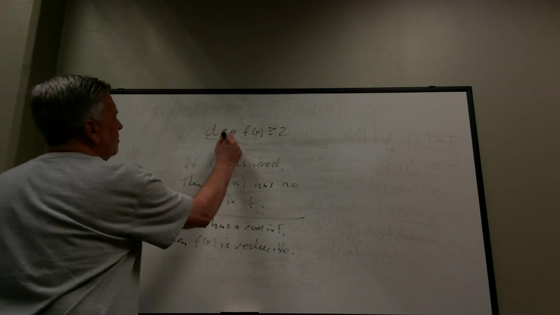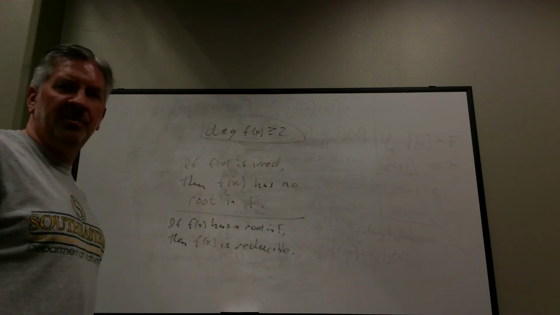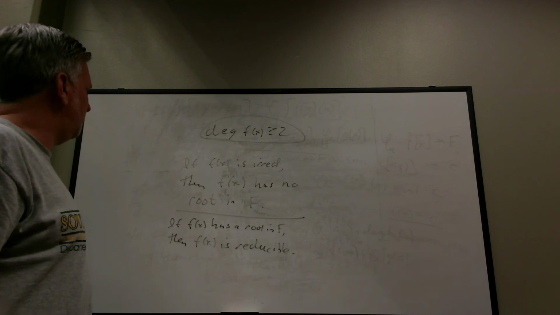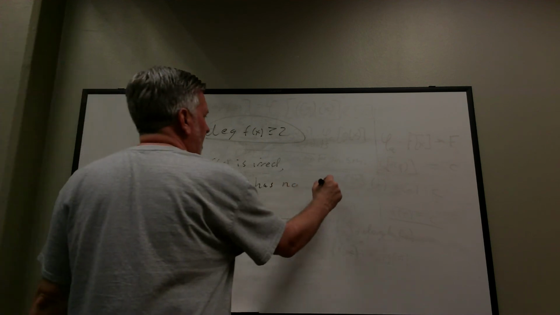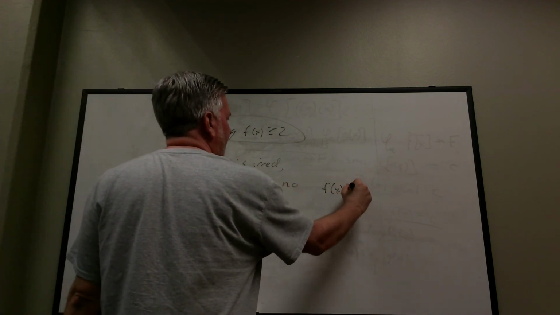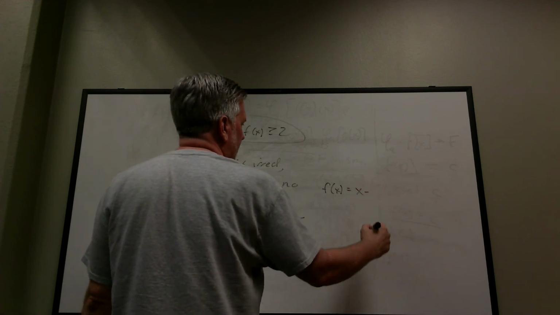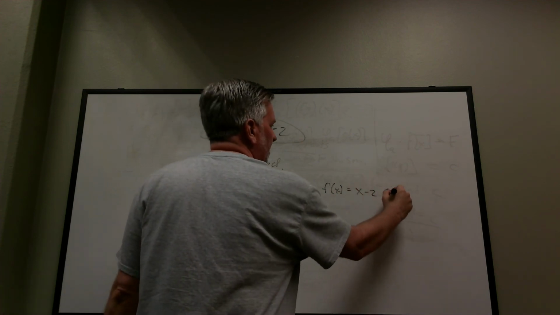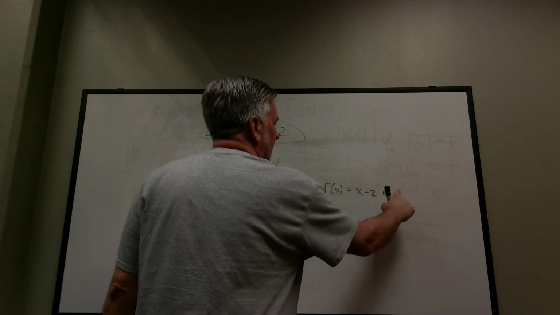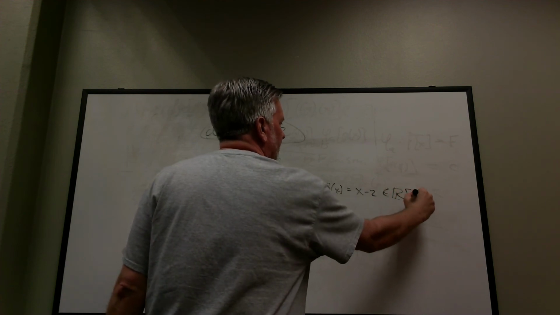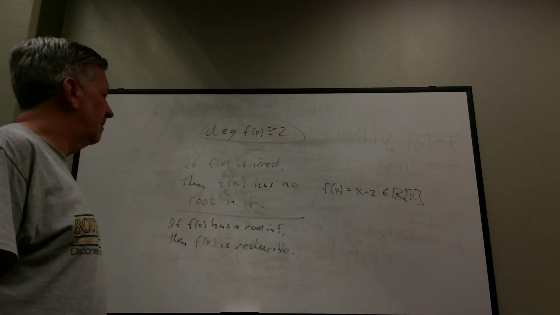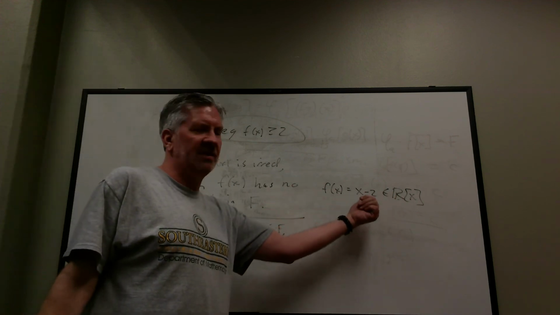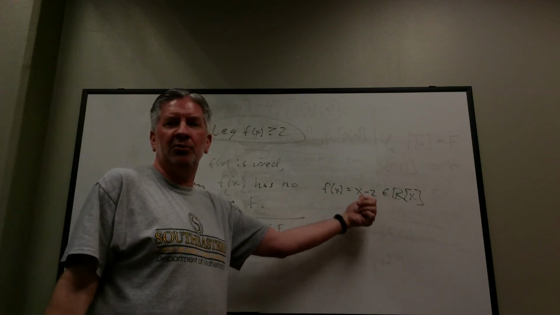Now, why did they assume the degree of f had to be at least 2? Well, if you take a polynomial of degree 1, suppose I put f of x is x minus 2. Let's just put that in R[x], real numbers. Well, we learned before in F[x], linear polynomials are irreducible.